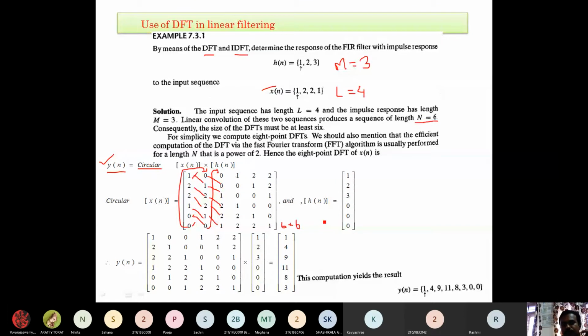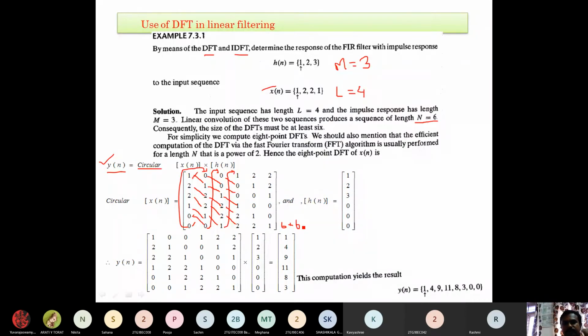Now to design the fourth column, take the third column's bottom element as the first element of the fourth column, and the remaining bits will be shifted accordingly, like this. Okay, go for the same thing for the fifth column. The bottom element becomes the first element, and the remaining bits will be shifted accordingly. And similarly, sixth column.